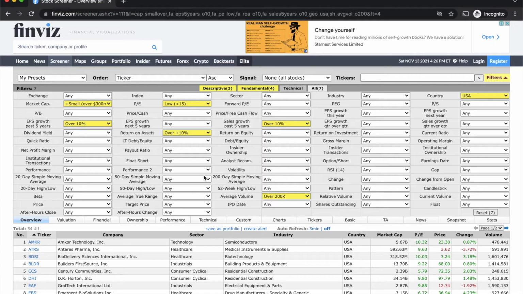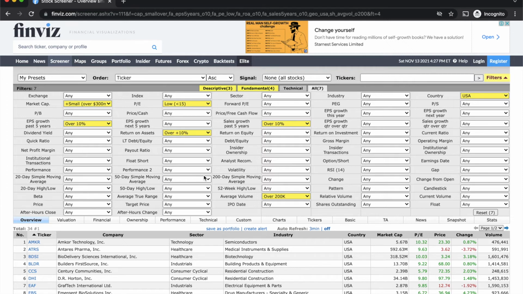To put it in simple words, these three parameters, the EPS growth, the sales growth, and the ROA, will tell you that the company's operations are doing fine. They are generating a good amount of returns, their sales are growing, their earnings are growing, and the P/E tells you that this company is trading at a discount. So this is how you use the fundamental screener.